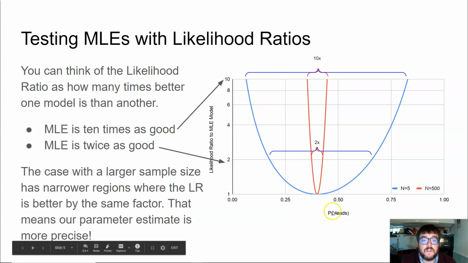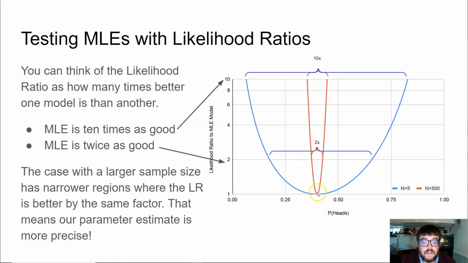Here it is. Down here at 1, that is where the maximum likelihood occurs. And as this number gets bigger, that means that the maximum likelihood estimate, so if we go up here, this is 2, is roughly twice the likelihood of, say, 0.68, or 0.2 over here, when n is 5.